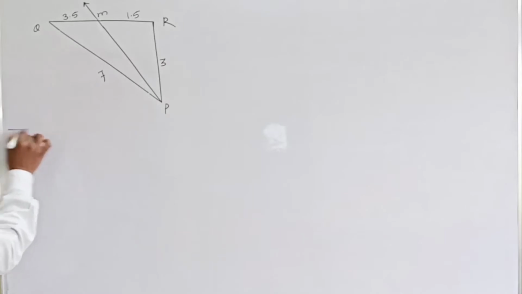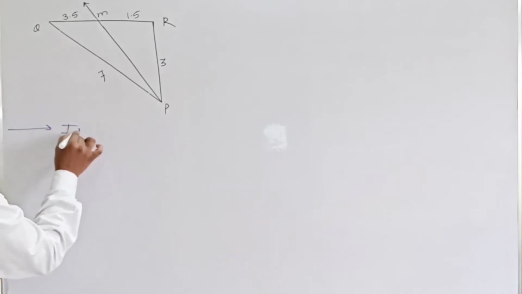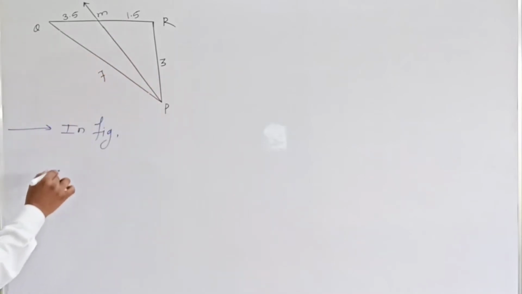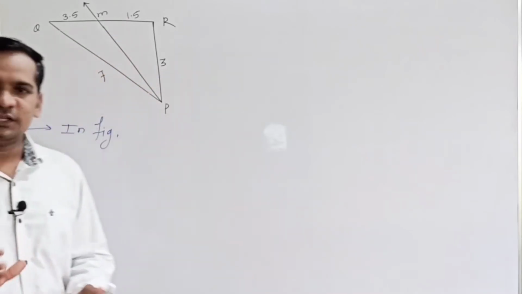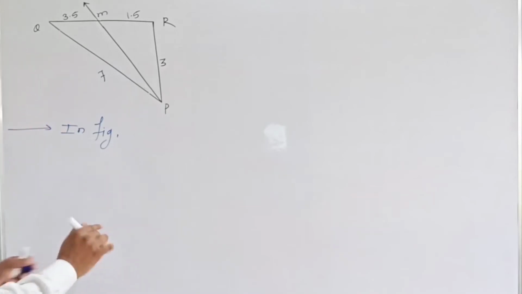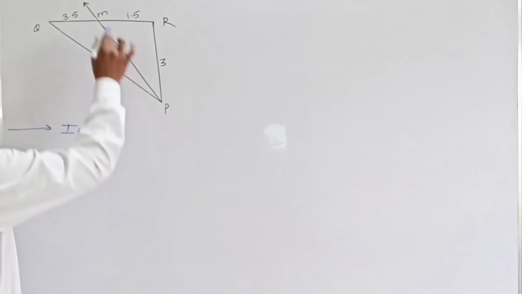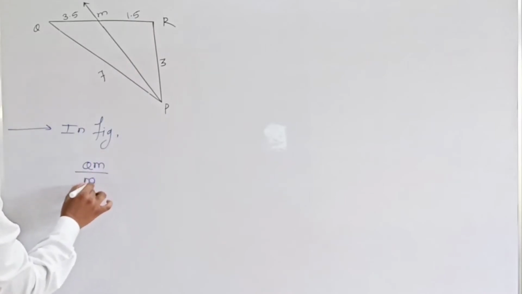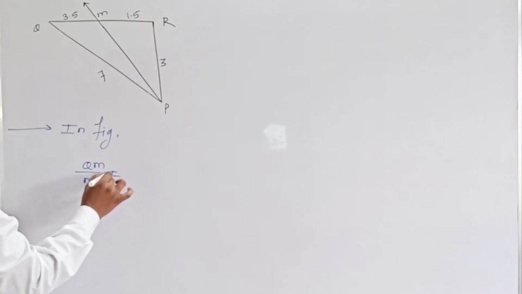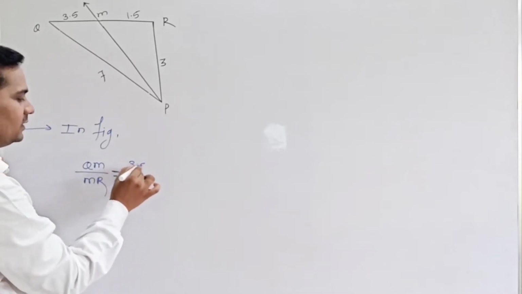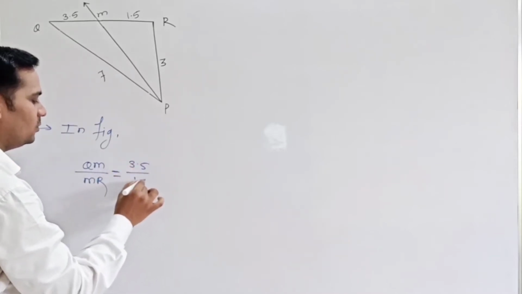So how to write the answer to that question? Look here. In the figure, directly we can take that ratio. Let's check whether both ratios are equal or not. First of all, QM upon MR is equal to, now let's put down the values, 3.5 upon 1.5.